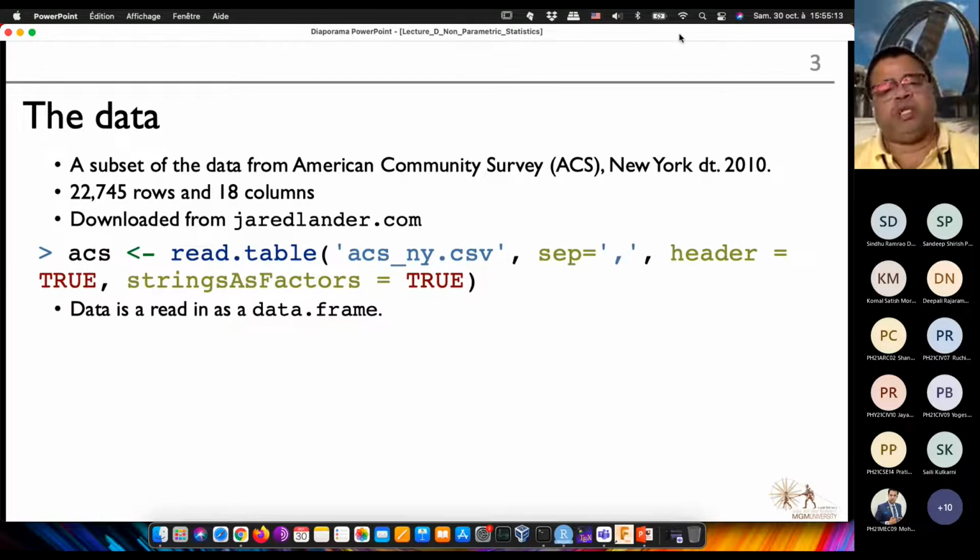That's an old mechanism of doing it. You can also use read.csv. Now, when you are reading some data into the table, some of the data is in strings and some of the data is in numbers. So there is numeric data and there is alphanumeric data. So you can use read.csv.